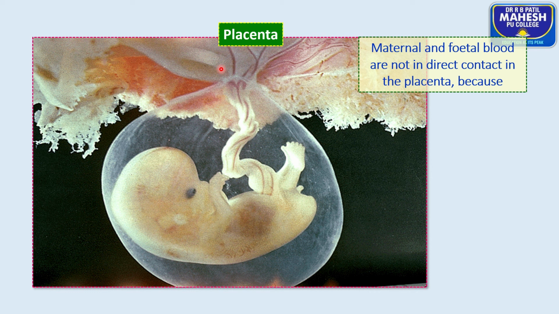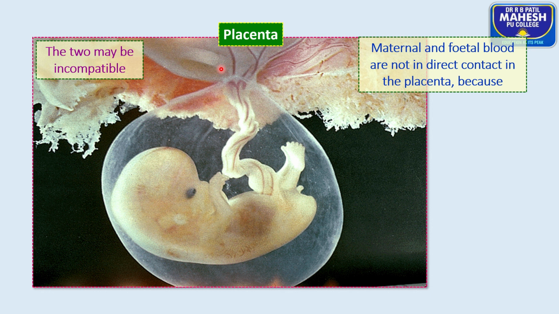Maternal blood and fetal blood are not in direct contact in the placenta because the two may be incompatible. If the blood groups of fetus and mother are dissimilar, it makes incompatibility.